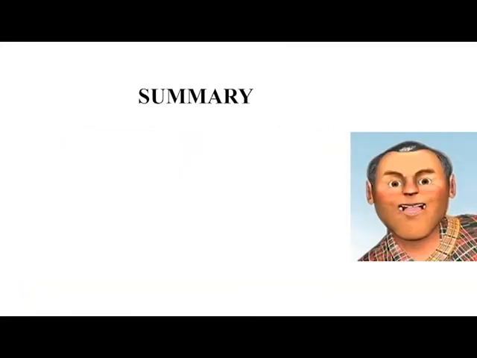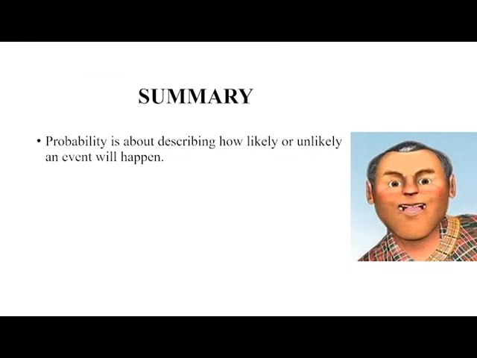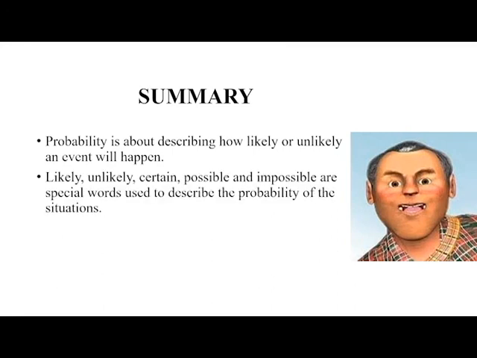Let us summarize what we have learned. Probability is about describing how likely or unlikely an event will happen. Likely, unlikely, certain, possible, and impossible are some of the special words used to describe the probability of some situations.